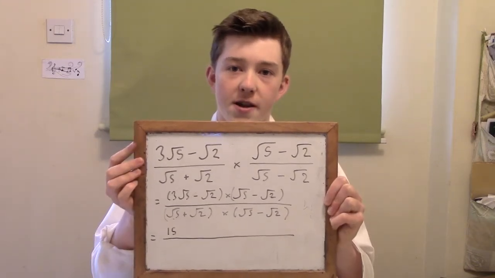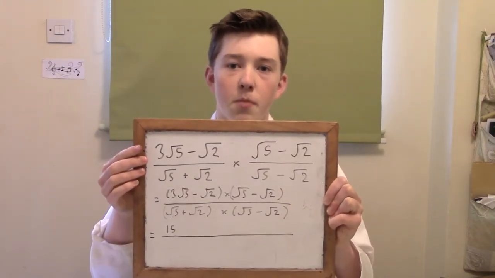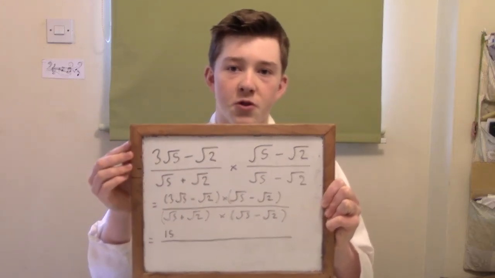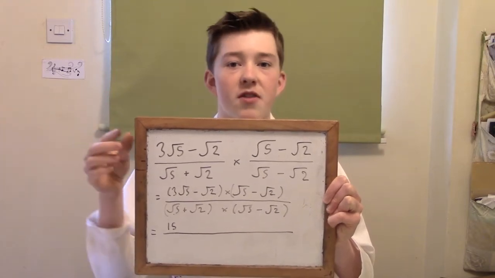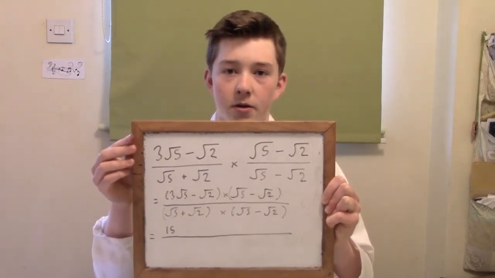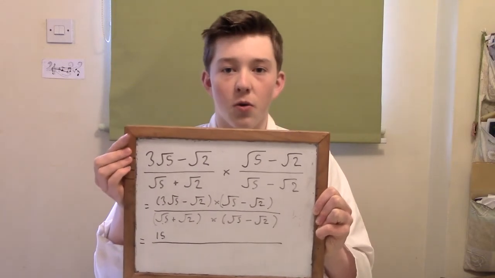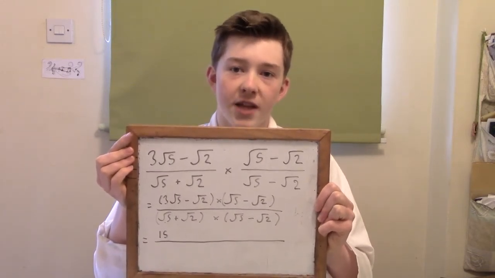This is a bit more tricky, but you'll remember how to multiply two different surds together from our previous rule. Root 5 times minus root 2 will be minus root 10 because 2 times 5 equals 10. You'll notice root 5 is multiplied by 3, so the whole thing will be as well. So we end up with minus 3 root 10.